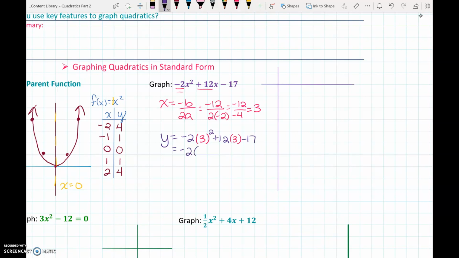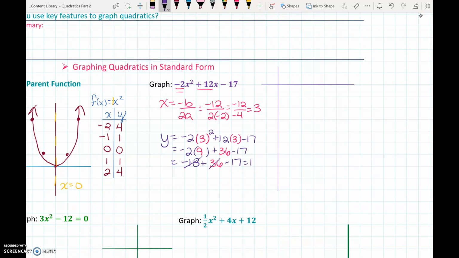So -2 times 3 squared, which is 9, and then plus 12 times 3, so plus 36, and minus 17. So -2 times 9, so I've got -18, plus 36 minus 17. Well, -18 and 36, that takes away 18, so I'm left with 18. And 18 minus 17 gives me 1.